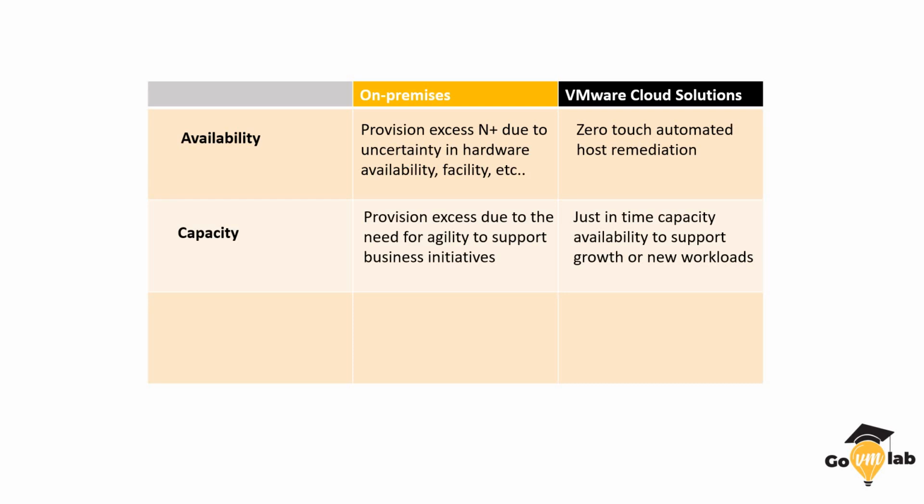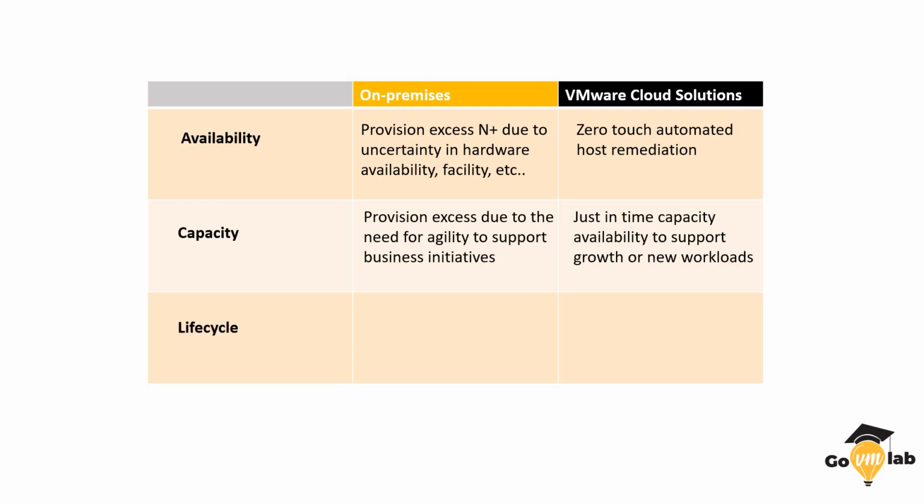I just need to do one click, and it takes a maximum of 10 to 15 minutes to add those hosts to our existing cluster. That's the power of this solution, where we don't need over-provisioning of hardware that sits idle. Just-in-time capacity is one of the key factors of VMware Cloud Solution offering.